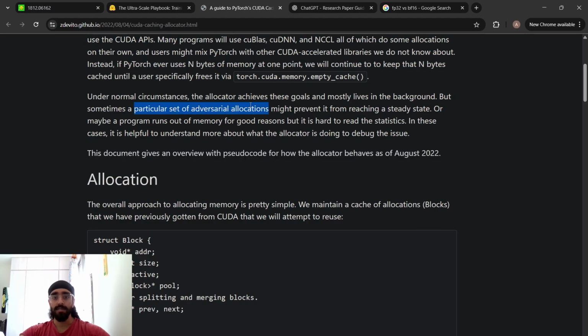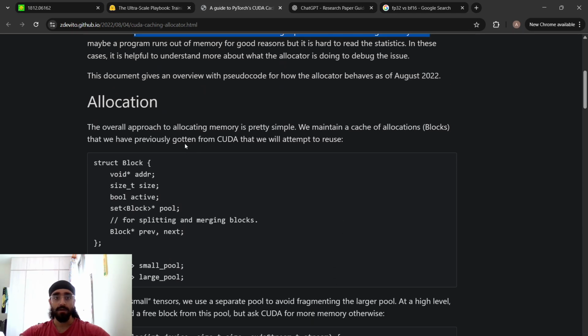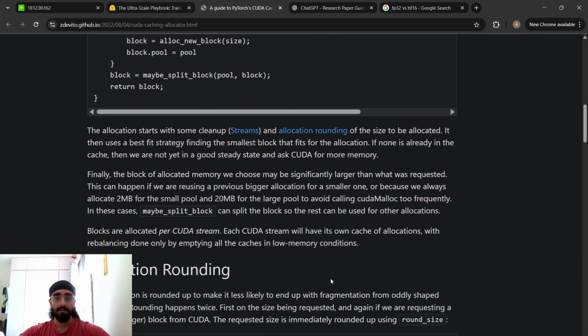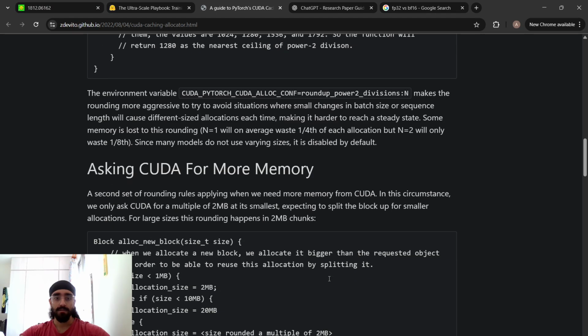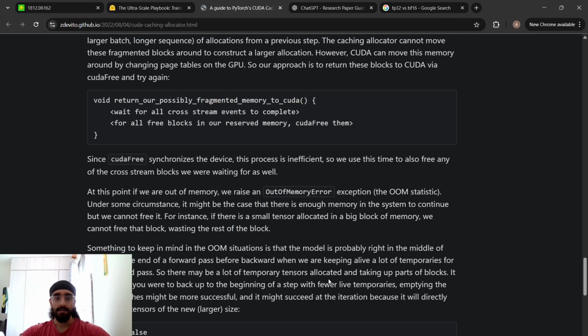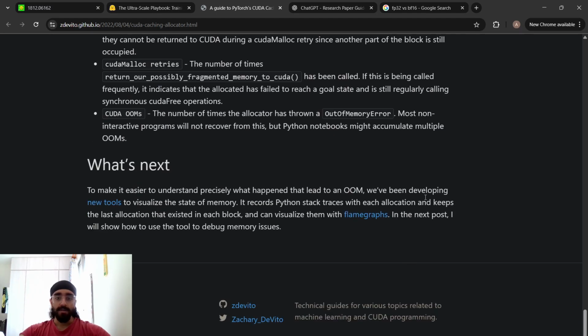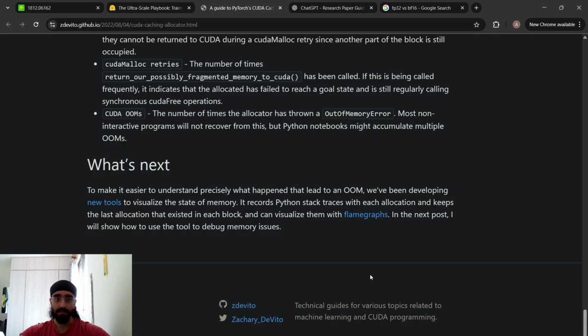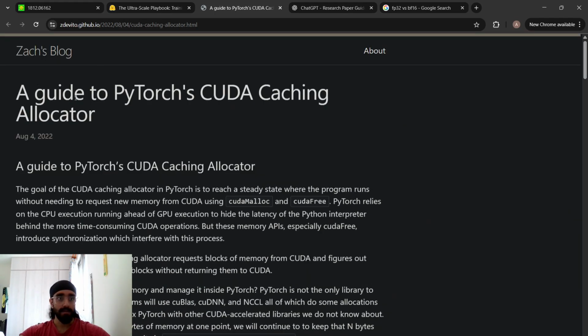A particular set of adversarial allocations might prevent it from reaching a steady state. Okay, this is pretty detailed. We'll skip this for now. But very nice blog. I really like this blog by Zach.